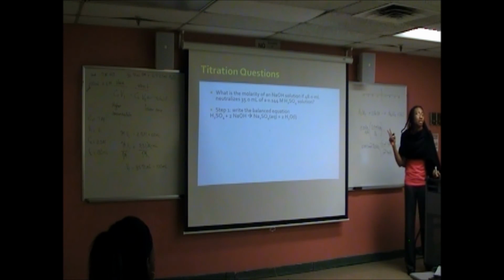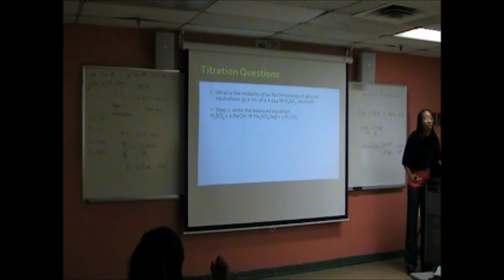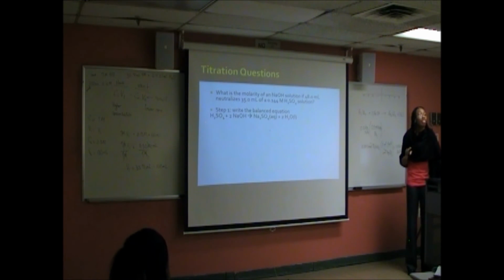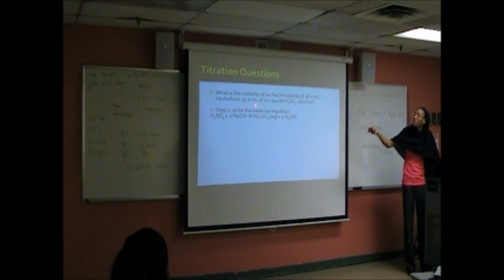You have 2 milliliters values here. Which milliliters are you going to use to convert first? Sulfuric acid, because we know the molarity of it. There you go, the one associated to the molarity that is given.